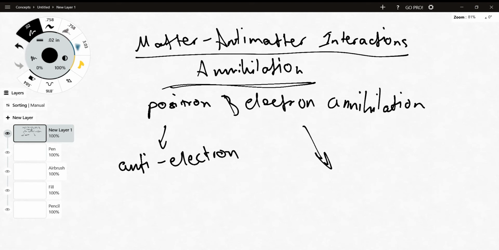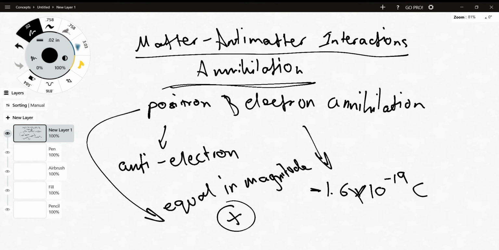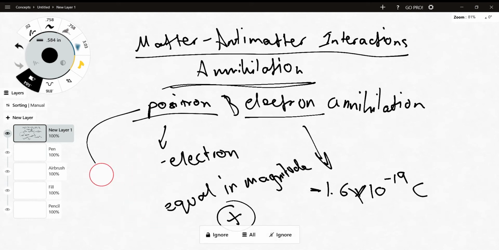We know that the electron has a negative charge, equal to 1.6 times 10 to the minus 19 coulombs. The positron has a charge equal in magnitude, but it's a positive charge. That's what makes the positron the antiparticle corresponding to the electron.